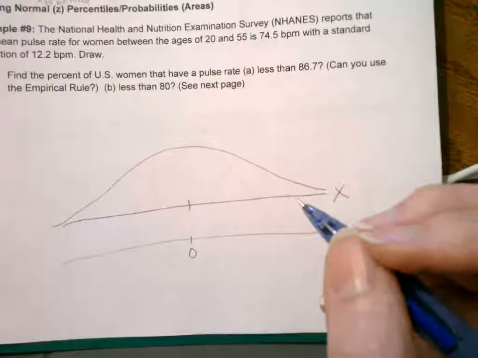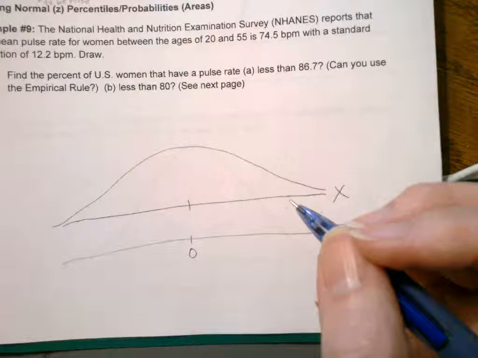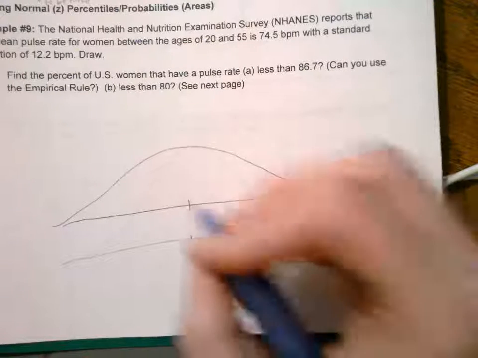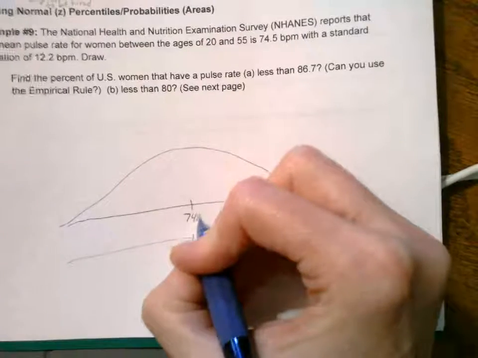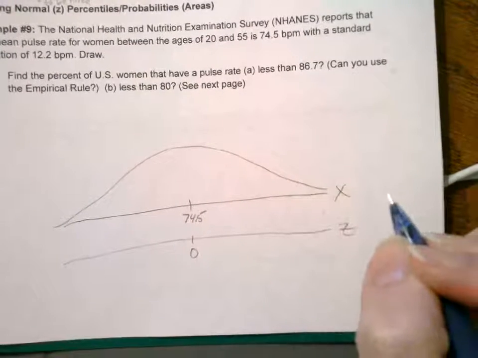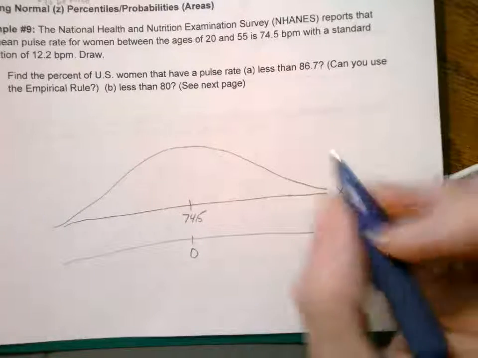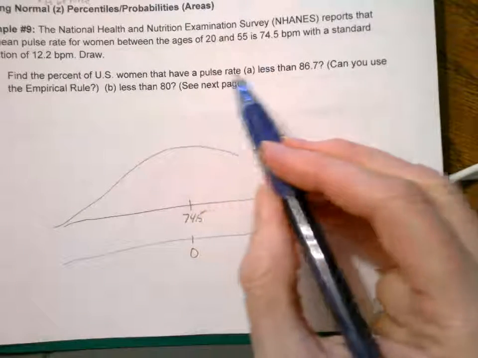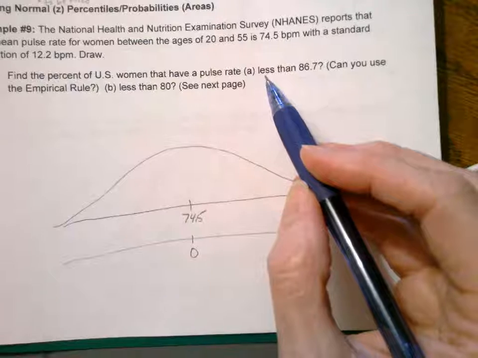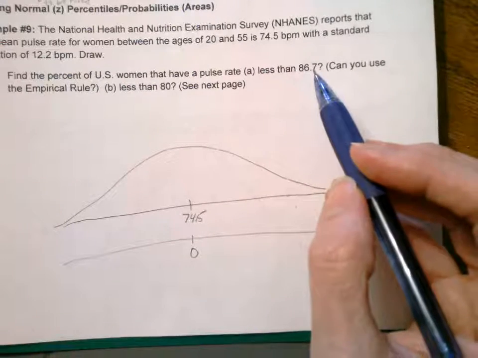All right, let's see. This one had a mean pulse rate of 74.5 and a standard deviation of 12.2. And we are finding the percent of the women that have a pulse rate lower than 86.7.